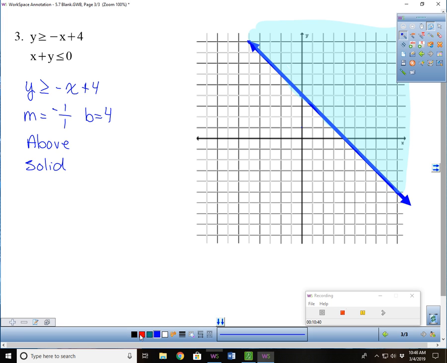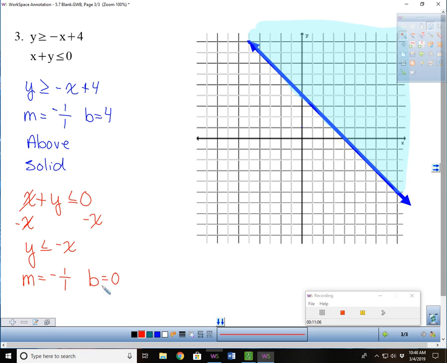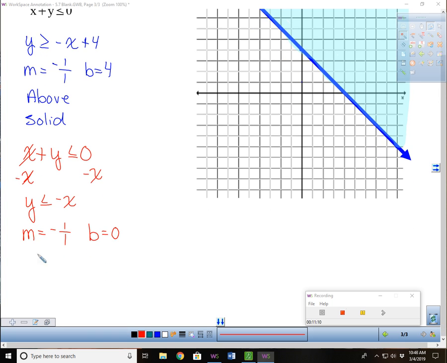All right, for the second equation, you're going to have to solve for y. So I subtract the x. And 0 minus x is just negative x. All right, so your slope is negative 1 over 1. Y-intercept is 0. And we are going to shade below.